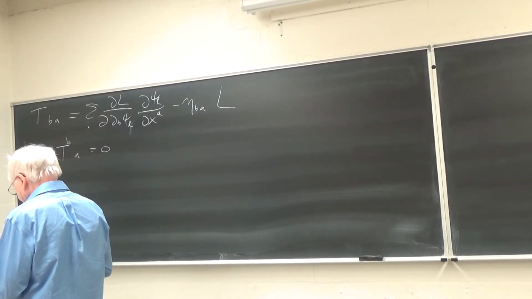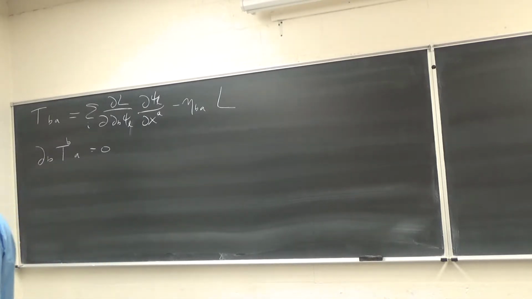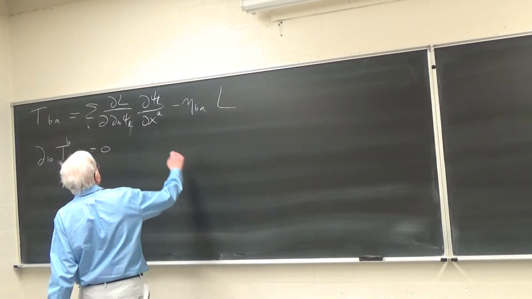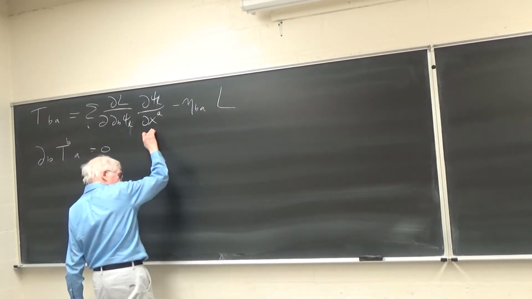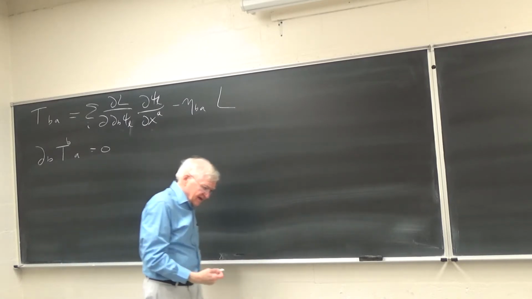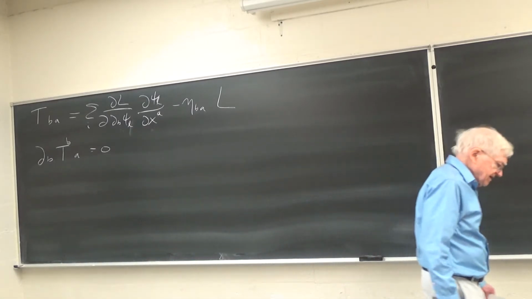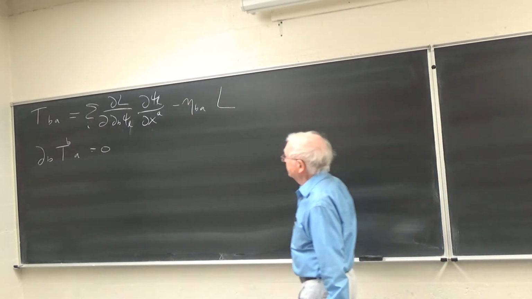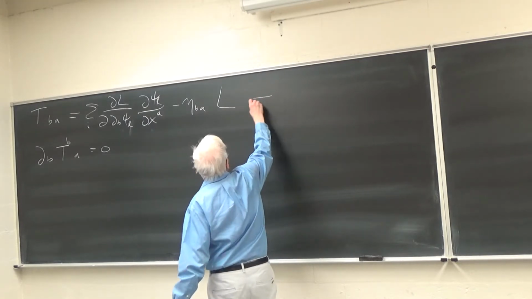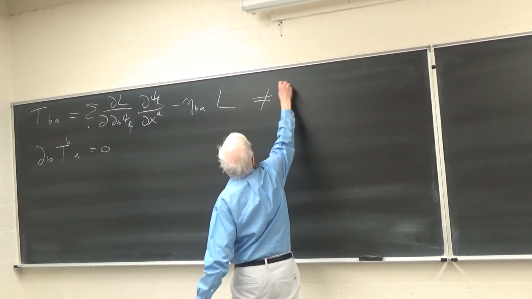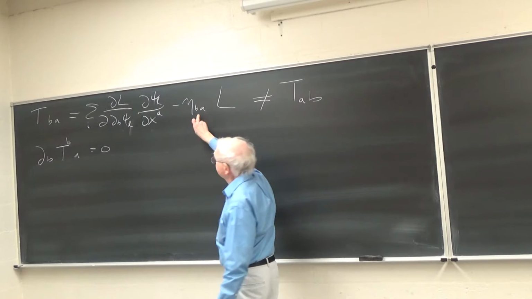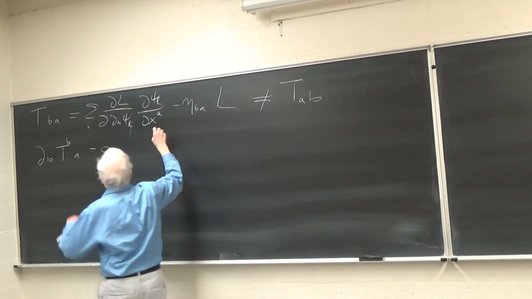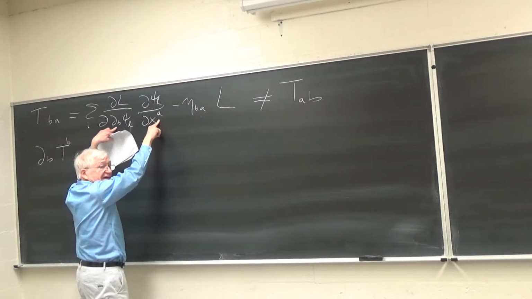And this funny anti-symmetric thing, you see, is really the part of the energy momentum tensor that can, in some cases, not be symmetric. In other words, in general, this is not equal to TAB. Now this part, of course, is symmetric, the A to AB, but this part isn't always symmetric.